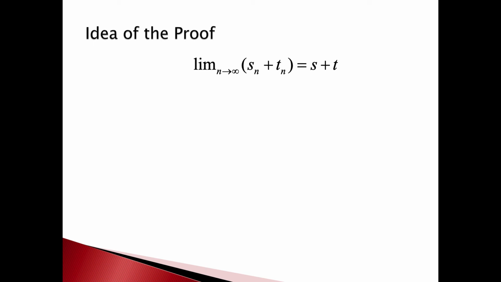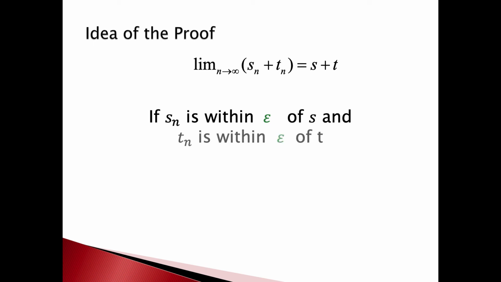So normally we would at this point do some scratch work to show that things work. So I'm going to tell you, think of this as the scratch work, why this should work. And here's the idea. If the Sn's are converging to S, then that means that we should be able to get Sn within an epsilon of S. And if you get the Tn's within an epsilon of T, well then what does that tell you about Sn plus Tn?